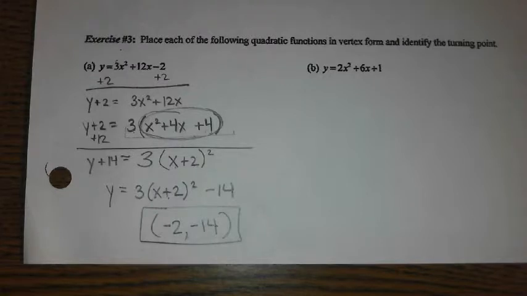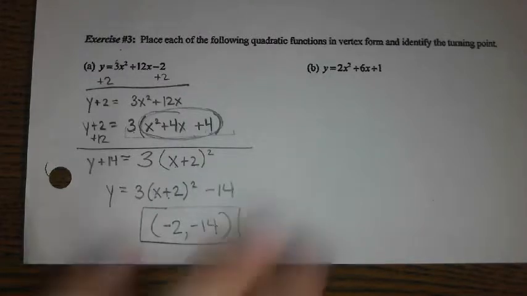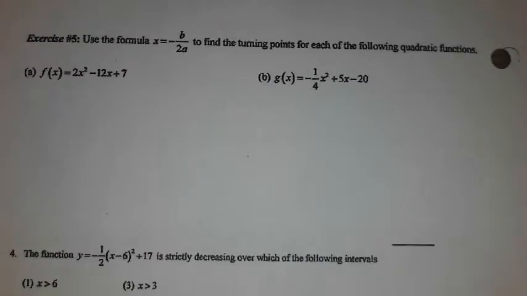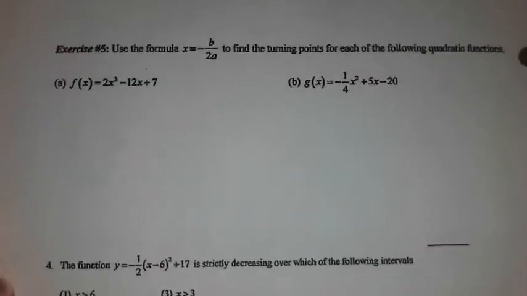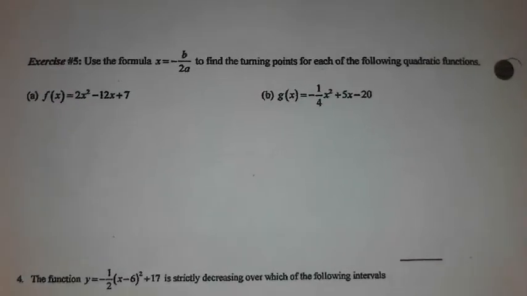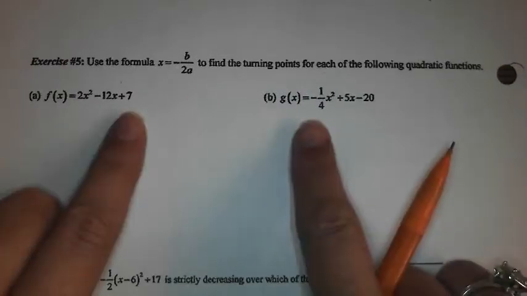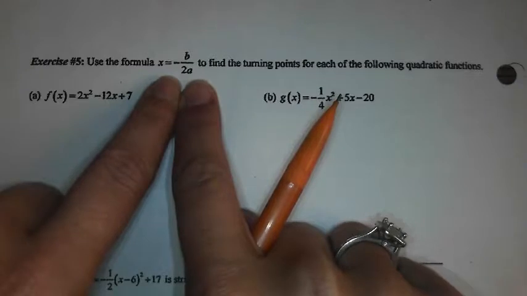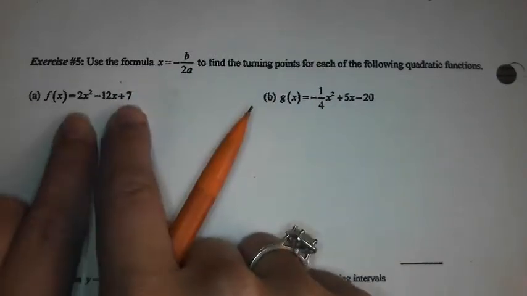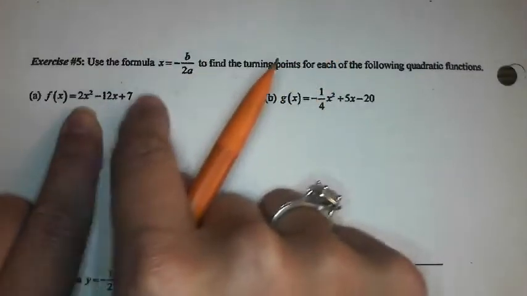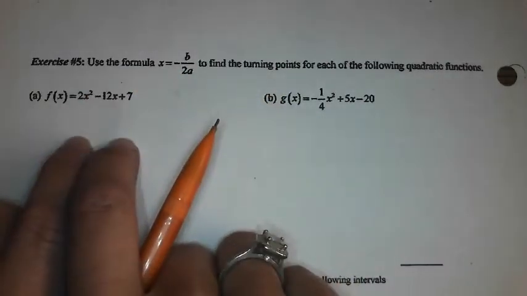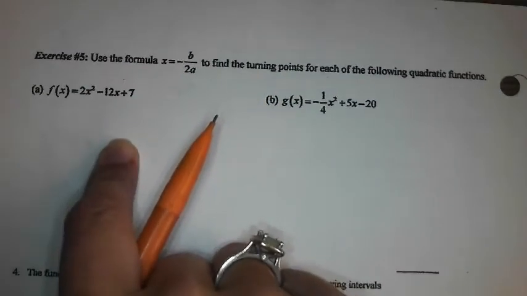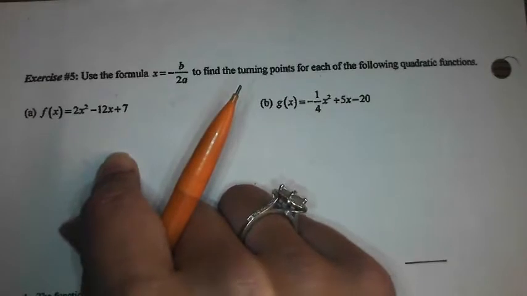Okay, any questions on that? We'll come back to B if we have time. Flip to the back. We're not going to have time. But we already did one like that. It's no different than the one we just did. This exercise 5 wants you to use the traditional formula. So like I said, if it's in standard form, you can use negative b over 2a to find the vertex if you want. Or you can transfer it to vertex form to find the vertex.